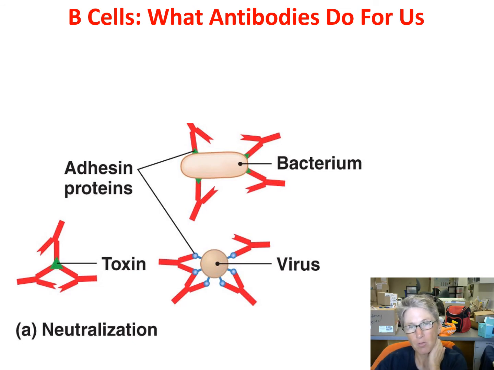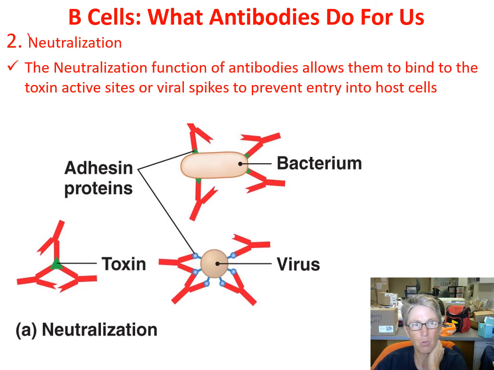Okay, what else do antibodies do for us? Number 2, they neutralize invaders. So this cartoon is for neutralization. Here's a bacterium. Here's the antibody that's binding to this specific green triangle, which is the epitope antigen. And this top guy would be a bacterium, and then this guy would be a virus with these spike proteins, and the virus and antibodies would bind specifically.